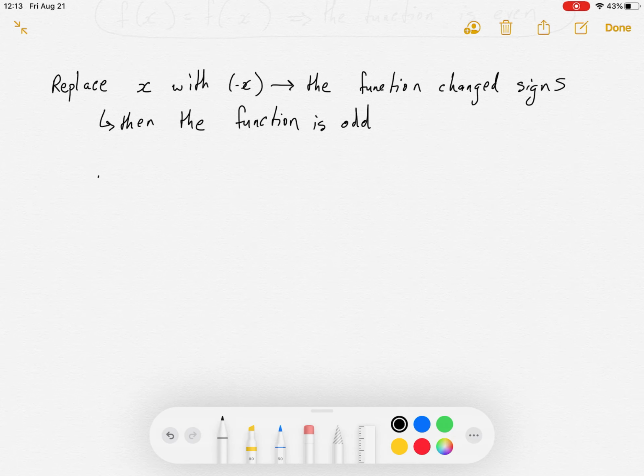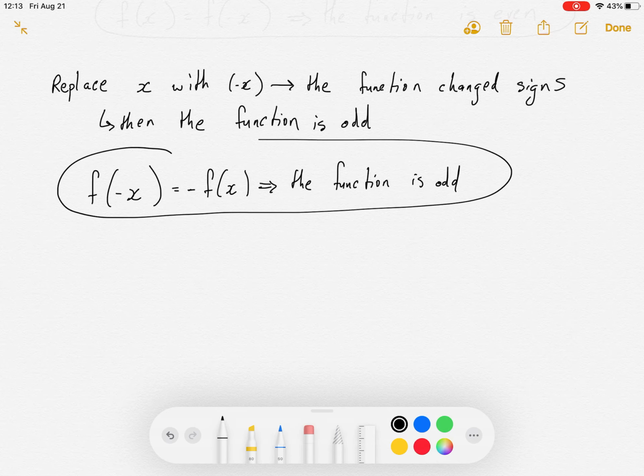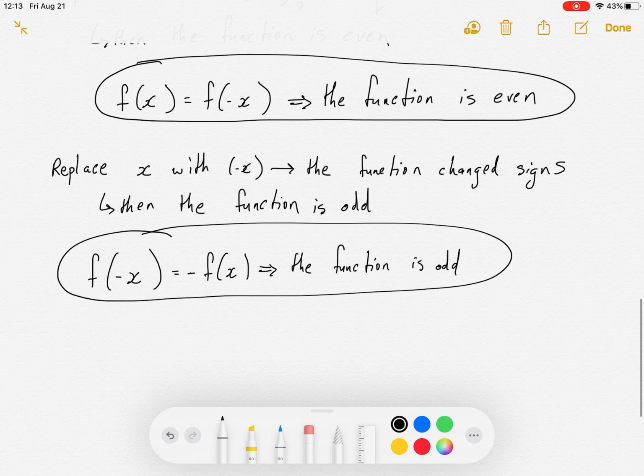So notationally speaking, we would say if I take f of negative x, so I'm replacing x with negative x, and it gives me f of x, except it's now negative f of x, then the function is odd. So this is the other rule. So we essentially have two rules we'll be looking at in this video. One for even and one for odd.